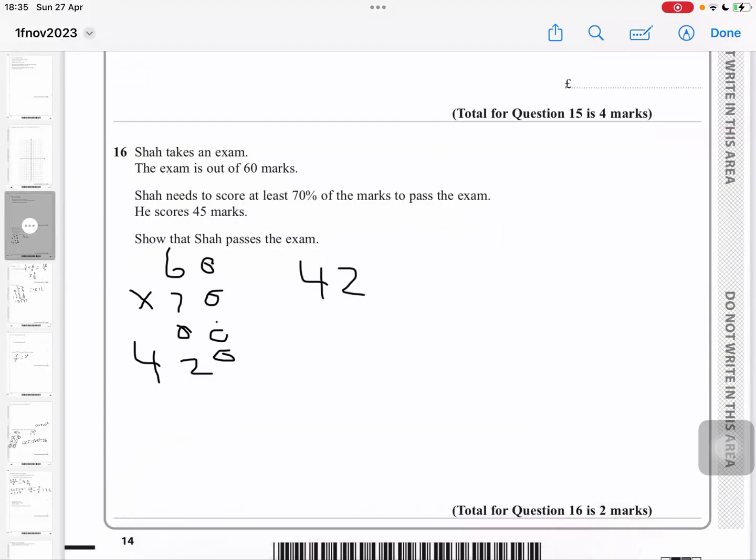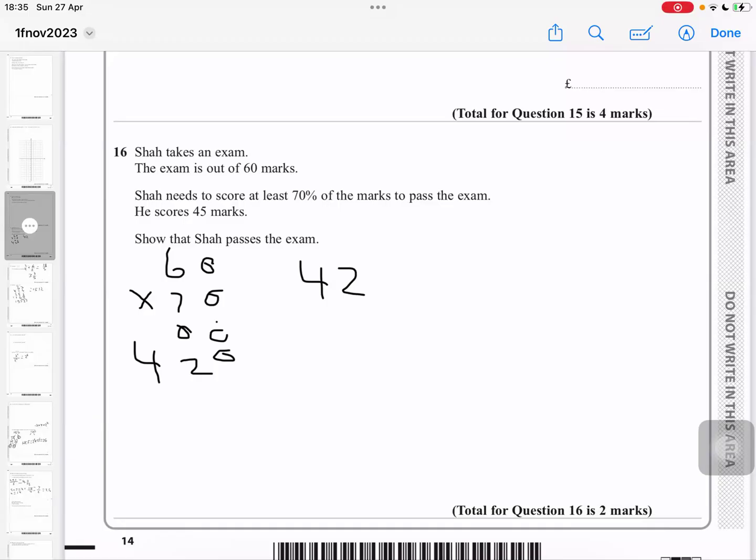Are you sure this would go nicely? 70%. Oh, okay, you did 0.7 times 60. Was that what you did? Yes. Okay, that's fine.